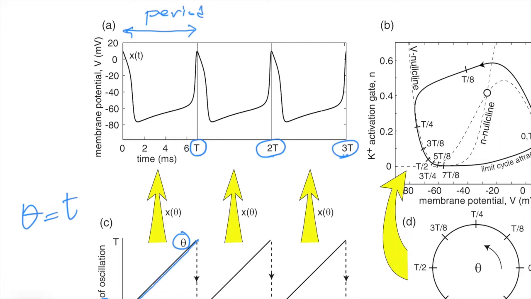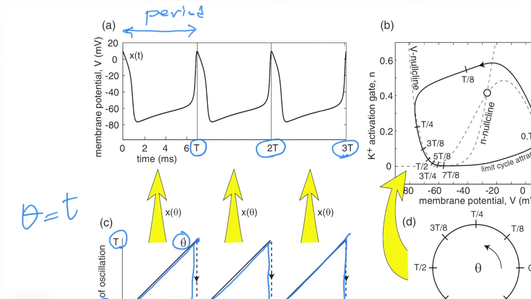After reaching the period T, it is going to be reset, and the phase is going to be 0 again. So this is T, right? From 0 to T, and again it's 0, and again it increases to T, and again it is resetting, and so on.